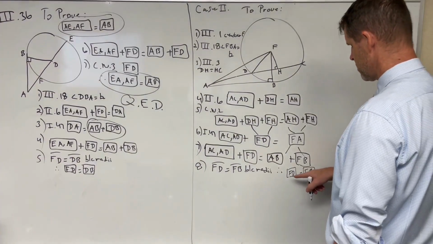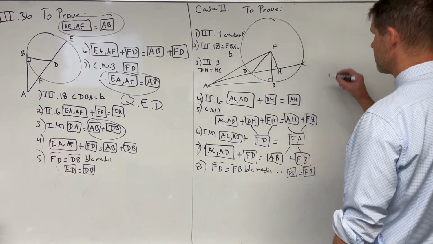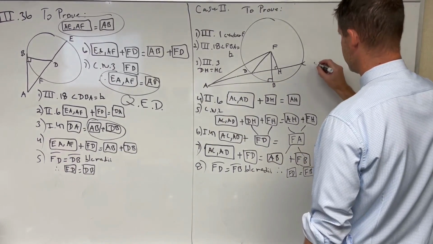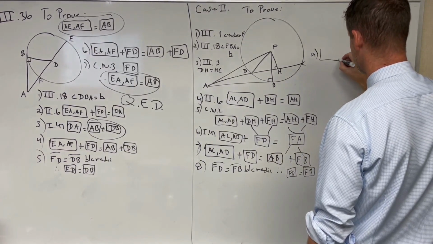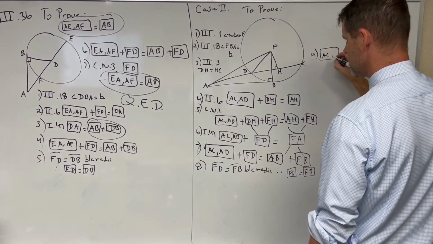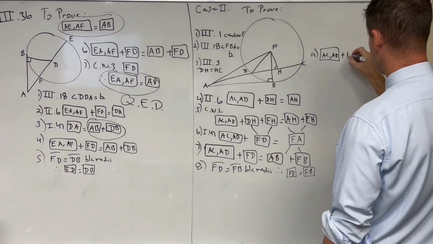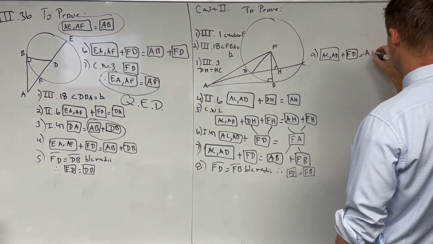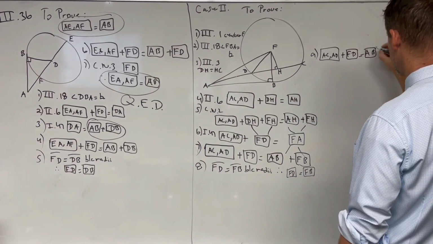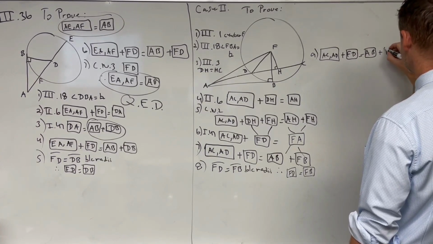And because the square on FD equals the square on FB, I can substitute it in step 7. We can rewrite that as the rectangle AC, AD plus the square on FD equals the square on AB plus the square on FD.